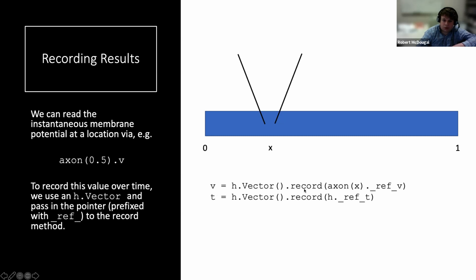So I'm going to record the membrane potential as it changes at the x location on the axon. I'm also going to record time into a vector, because if I don't know what times the values correspond to, knowing the values is not super helpful. Fair? So this is one type of thing, and I can record voltage, concentrations, and currents, and it's all just a question of whatever you pass in at the very end. I can record state variables in general.